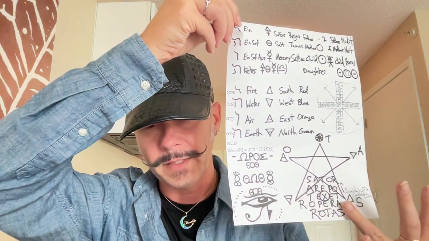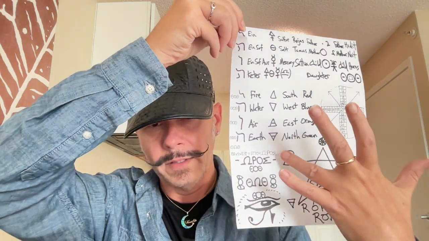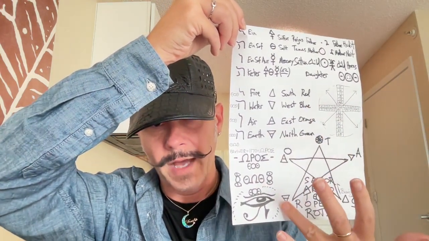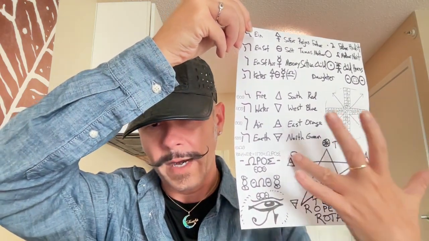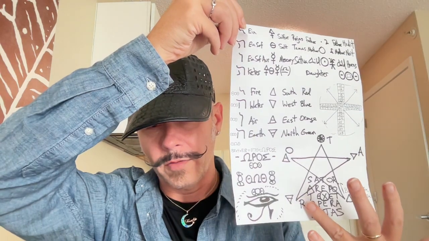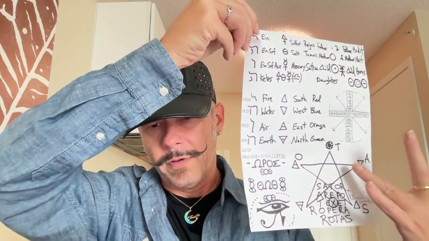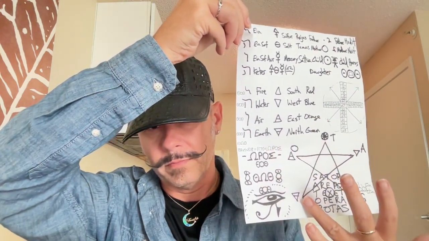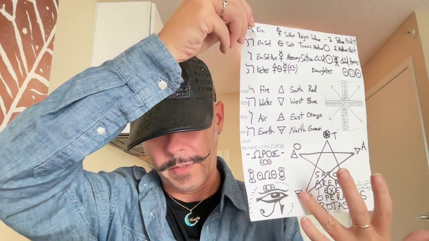And that corresponds to father, mother, son, daughter. Fire, water, air, earth. South, west, east, north. Red, blue, orange, green.